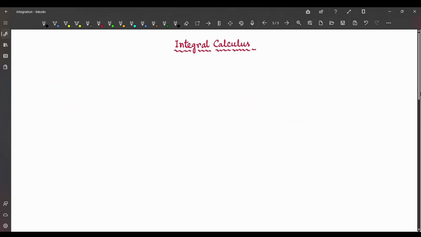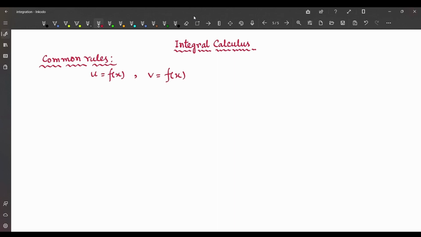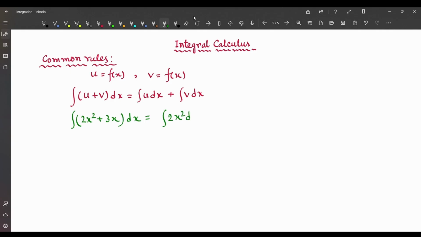Some common rules of integration. If u and v are both functions of x, then integration of u plus v dx is equal to integration u dx plus integration v dx. Suppose integration of 2x square plus 3x with respect to x, we can write integration of 2x square dx plus integration 3x dx. Then this is equal to 2 into x to the power 3 by 3.